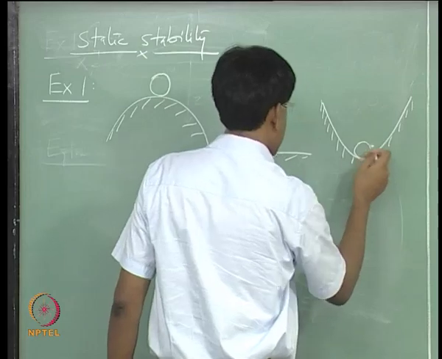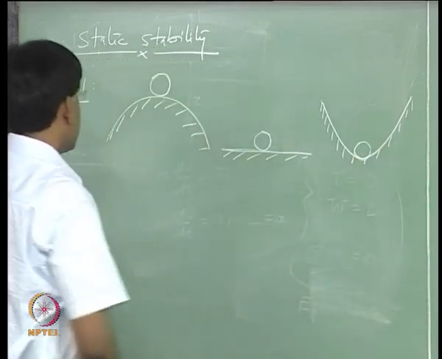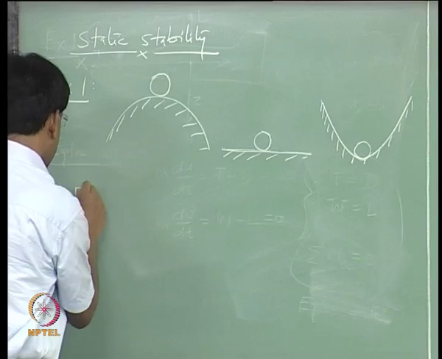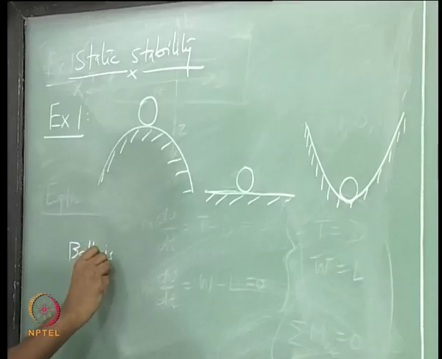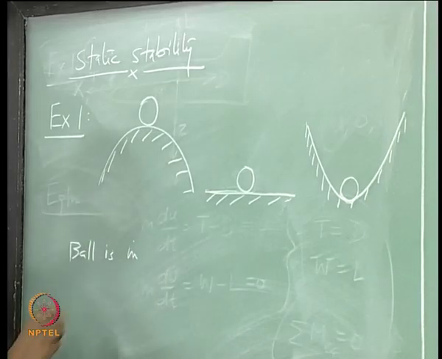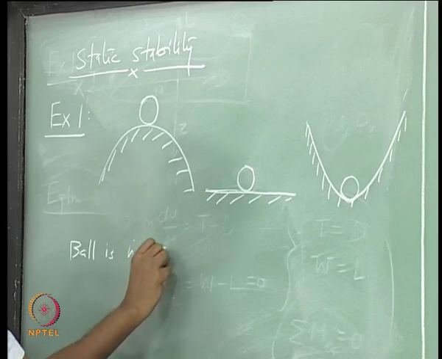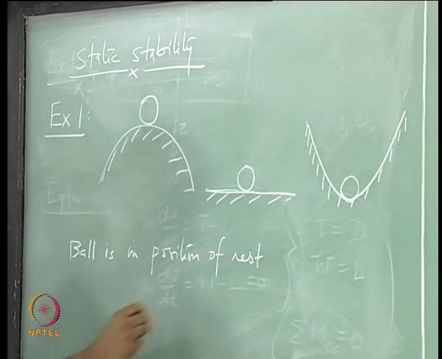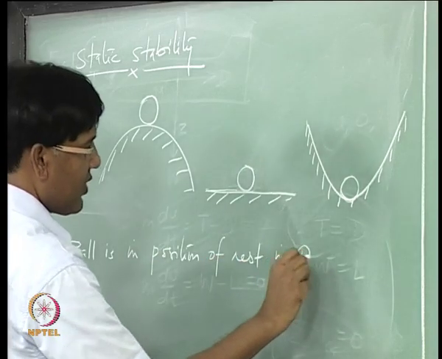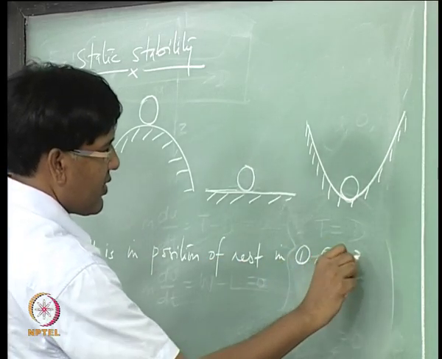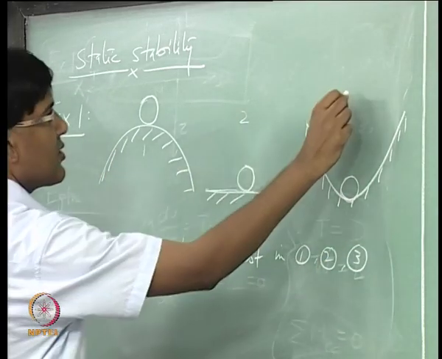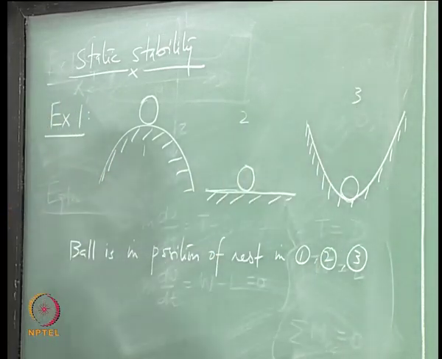Now, let us look at what happens. So, these three positions are equilibrium positions. So, ball is in position of rest in 1, 2 and 3. So, this is 1, 2 and 3.